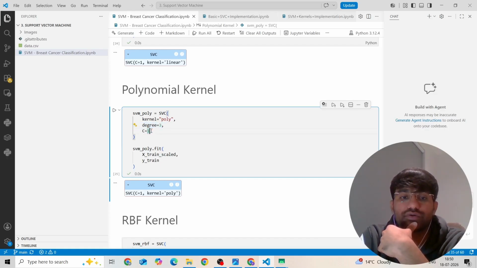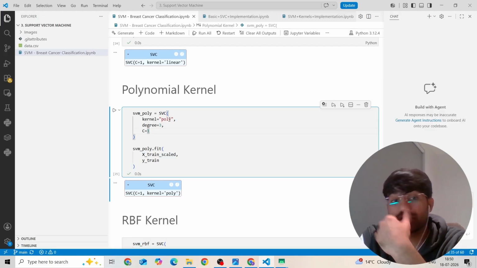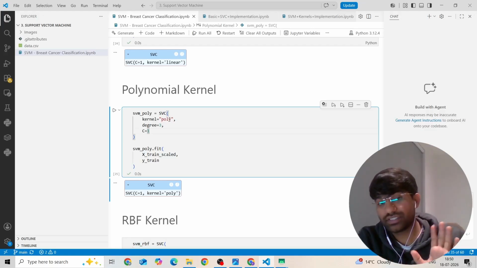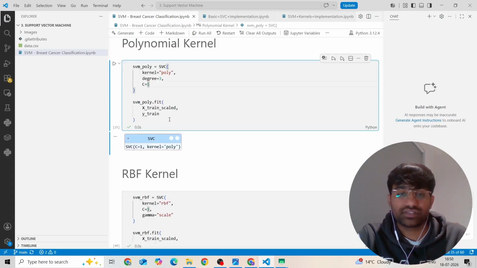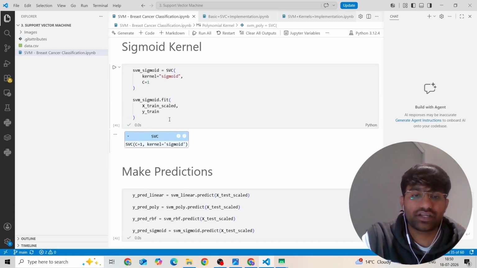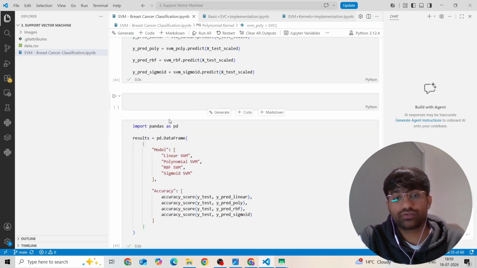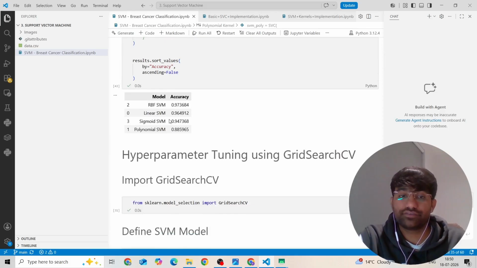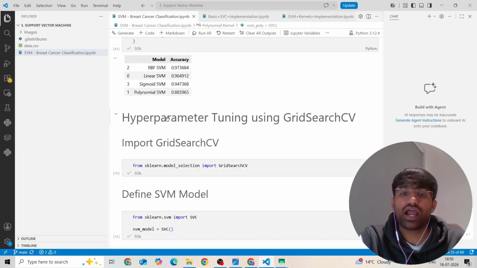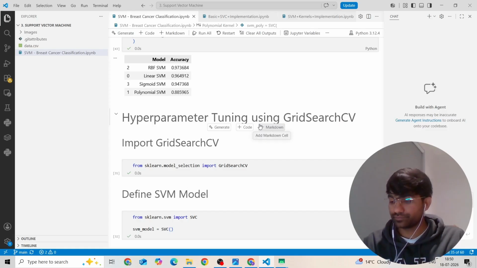But if c is equal to 0.1, a lesser c value, and degree is equal to 5, our polynomial kernel might give good accuracy. There are different scenarios. So to handle the different scenarios, I will do the hyperparameter tuning using GridSearchCV.